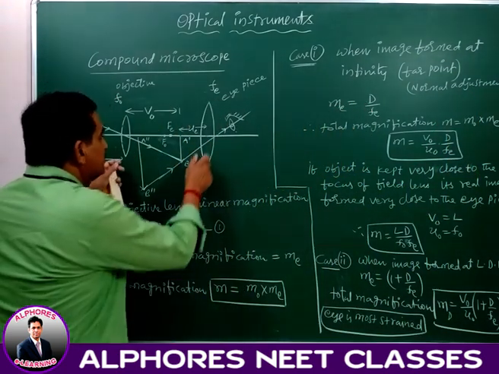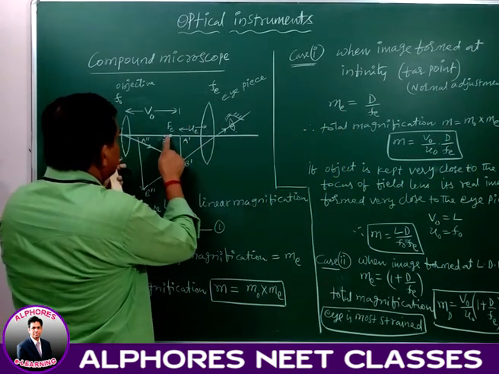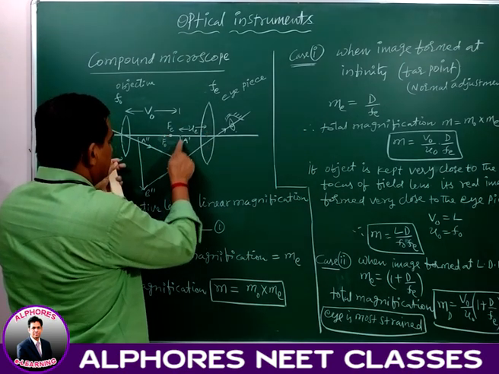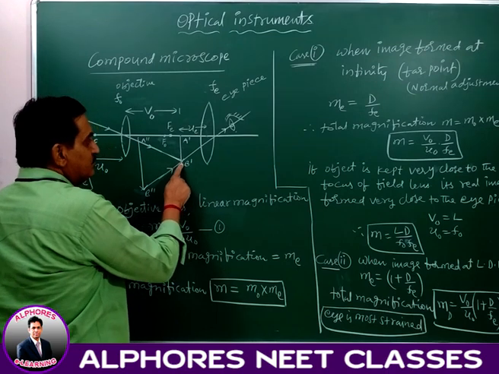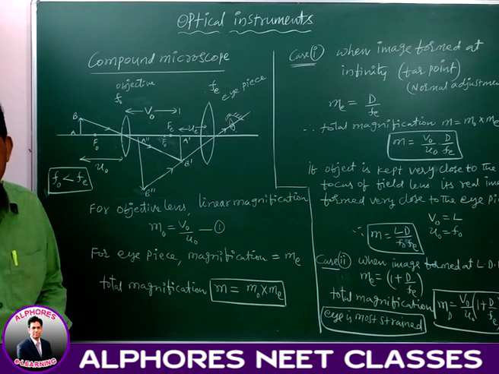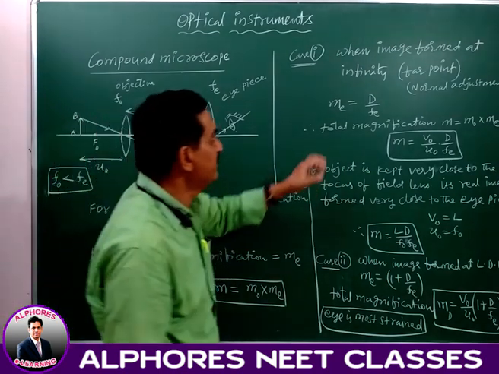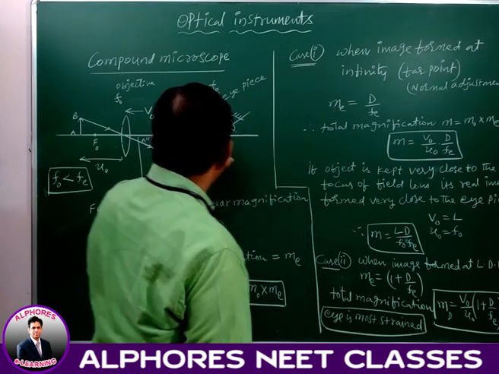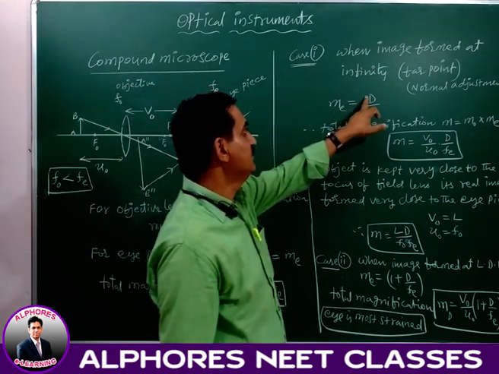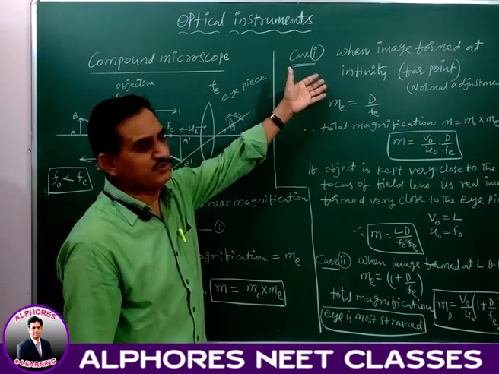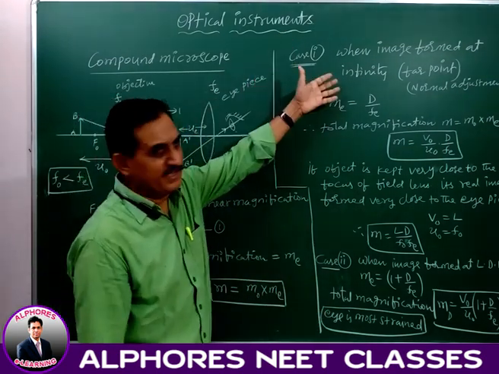It means this lens is slowly moved away, the focus point of the eyepiece touching this A dash B dash. So here its corresponding image goes to infinity, that is normal adjustment or far point, where the magnification of the eyepiece me is equal to d by fe, because it is simply a simple microscope.